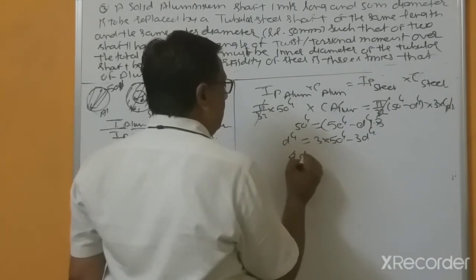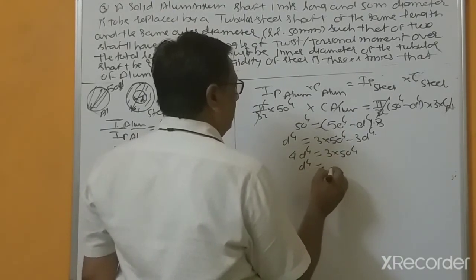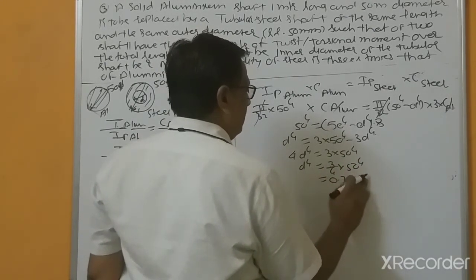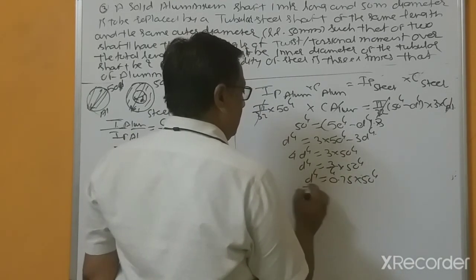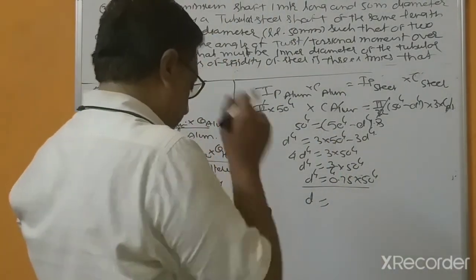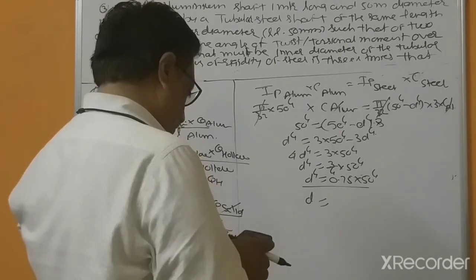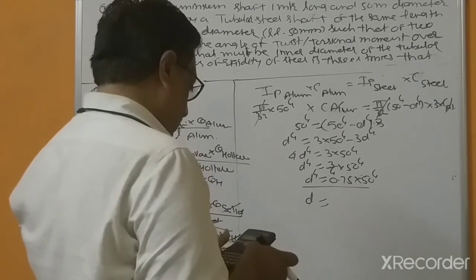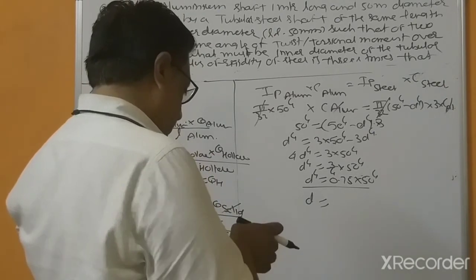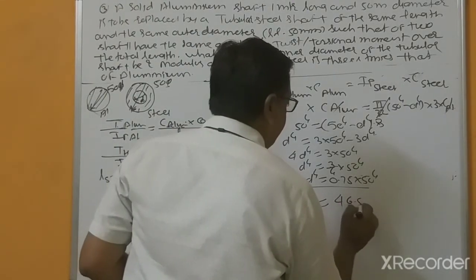Now 4 d raised to 4 equal to 3 into 50 raised to 4, 0.75 multiplied by 50 raised to 4, so d equal to 46.53 mm.